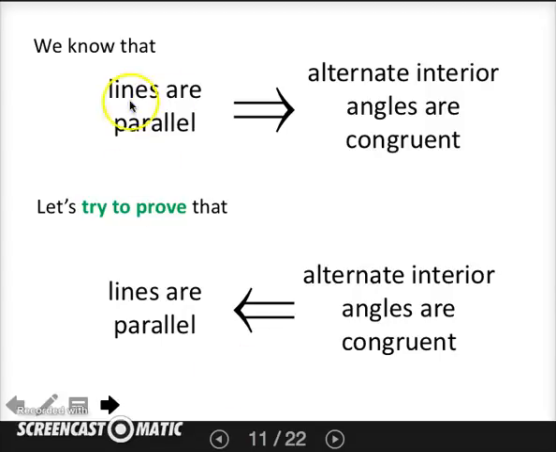So to sum up, this is the direction we know. And today we're going to try to prove that given alternate interior angles are congruent, we can show that two lines are parallel.